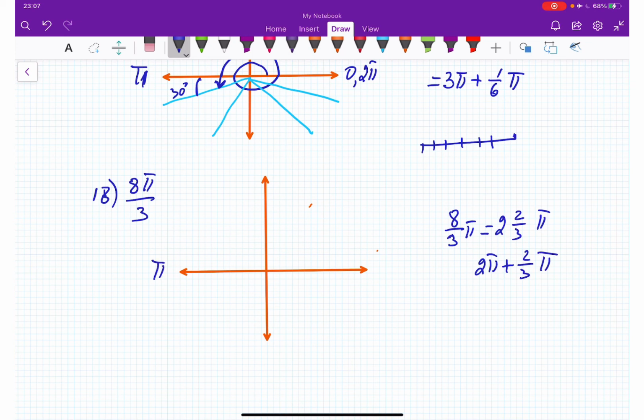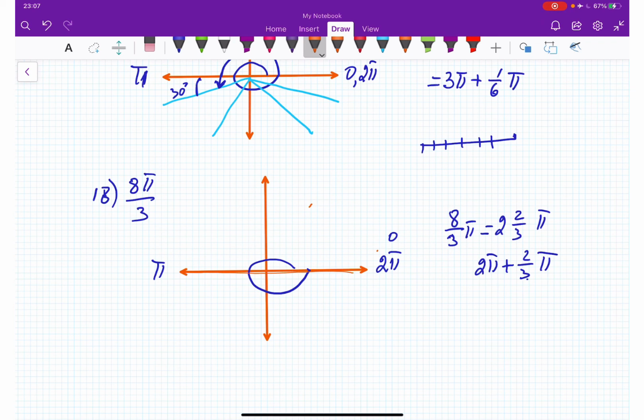This is pi. This is 2 pi, which is 360 degrees, and also 0. Okay, so 2 pi, I'm going 1 and 2, and now 2 over 3 pi, so this whole piece, this 1 pi, I have to break into 3 pieces and take 2.